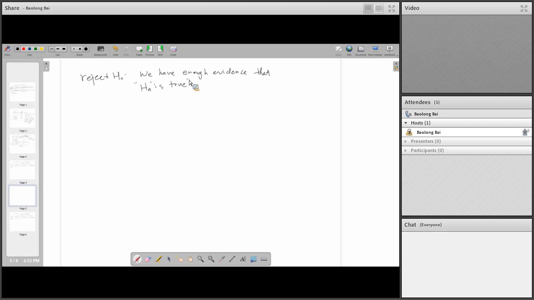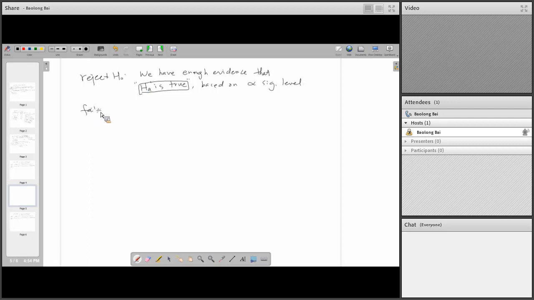So reject null, then alternative true, right? And based on alpha, the significance level. Significance level is the same as the type 1 error rate. So all I need to do is change this phrase, alternative hypothesis true, into context words.